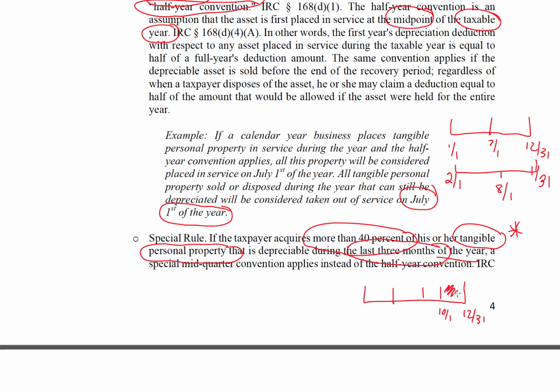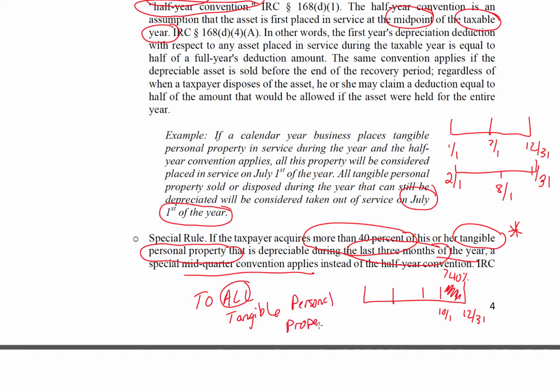If more than 40%, so if greater than 40% of the assets placed in service, if they're placed in service during the last quarter of the taxable year, then a special mid-quarter convention applies to all tangible personal property, not just that last quarter, all tangible personal property, all.